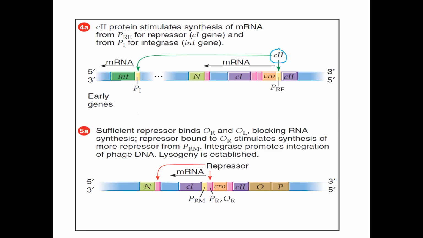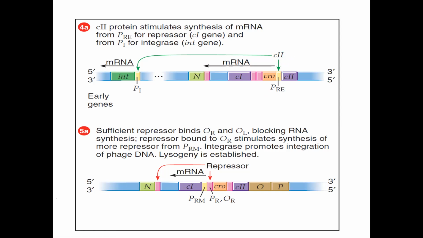We have told you that initially only 2 promoters are active, promoter left and promoter right, and the RNA polymerase will sit at promoter left, move in the leftward direction, and the first gene transcribed is N. The N protein is a transcription anti-terminator, and it will allow the transcription of 4 more genes, and one of them is C2. And C2, which is made because of action of N, will activate 2 promoters here.